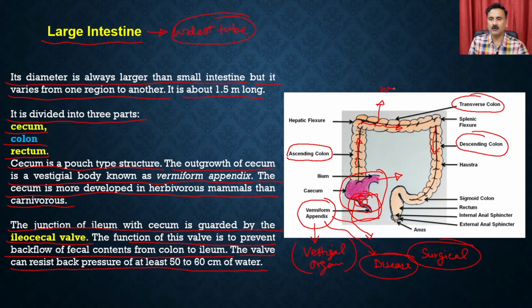That is why you see here the ileocecal wall, which protects against the backflow of the waste material back into the cecum.